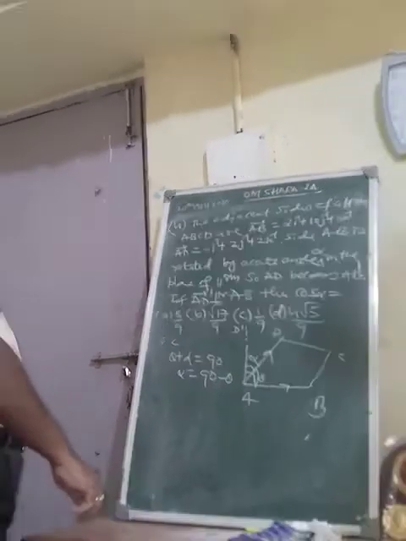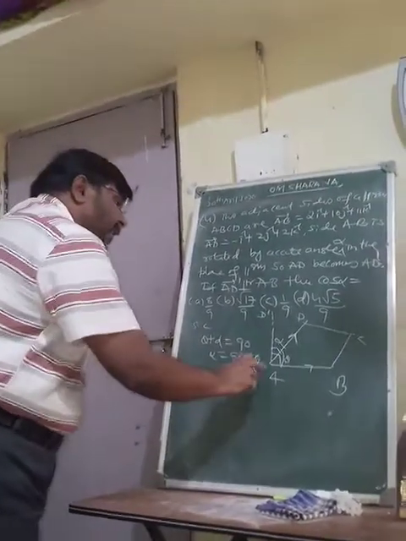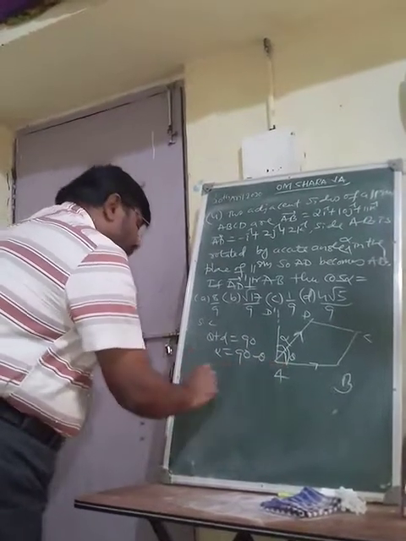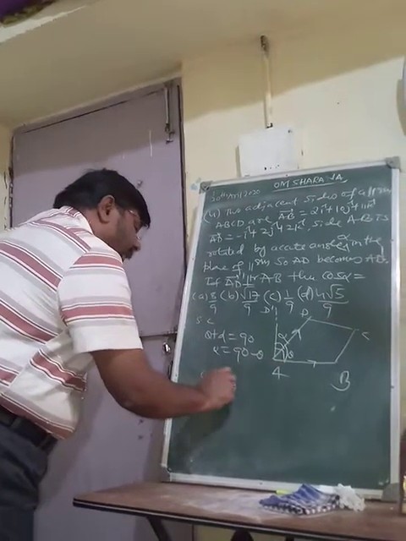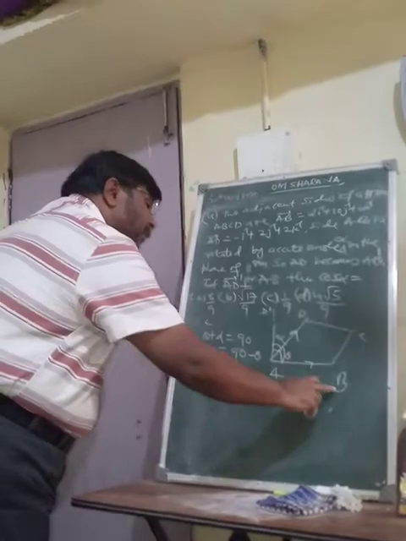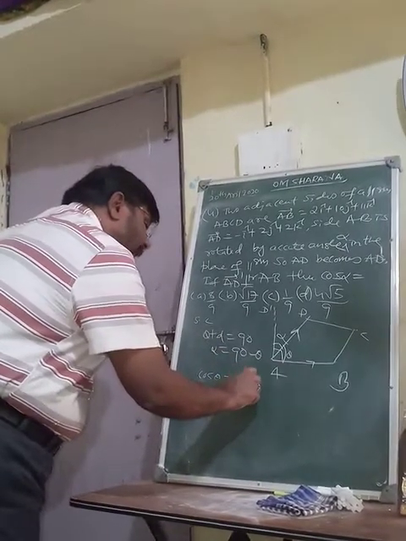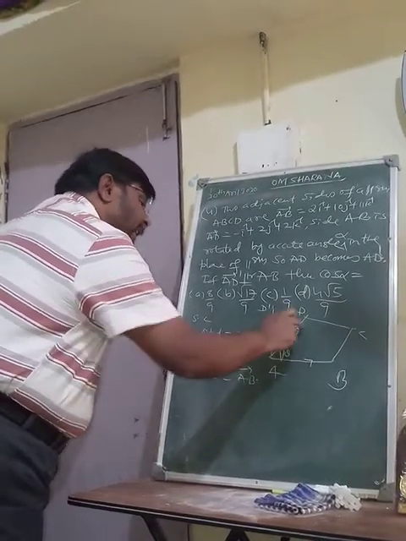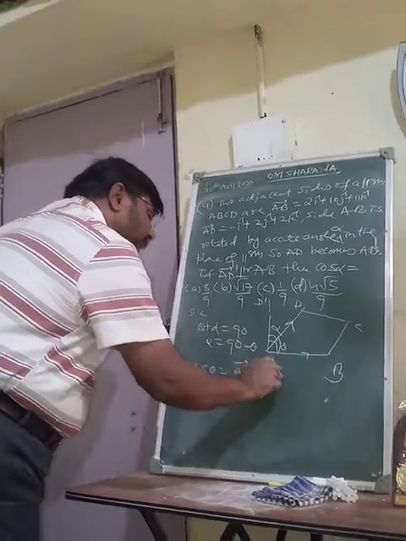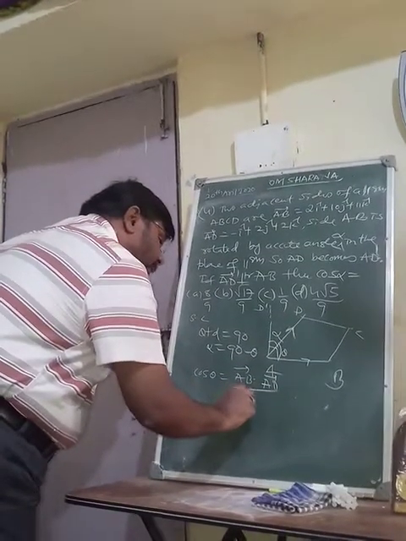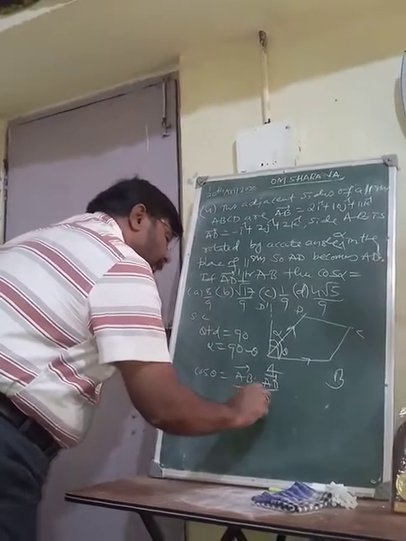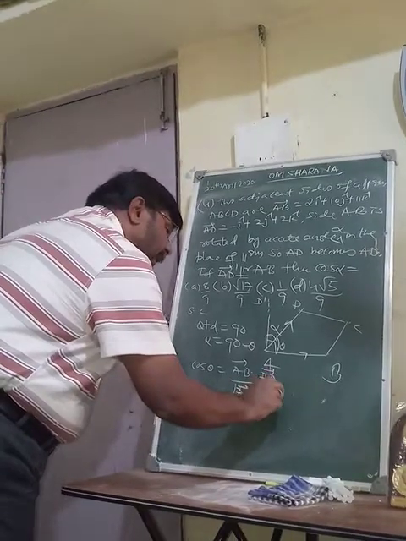You know, cos theta can be defined as the dot product of the two vectors AB and AD divided by the magnitude of AB into the magnitude of AD.